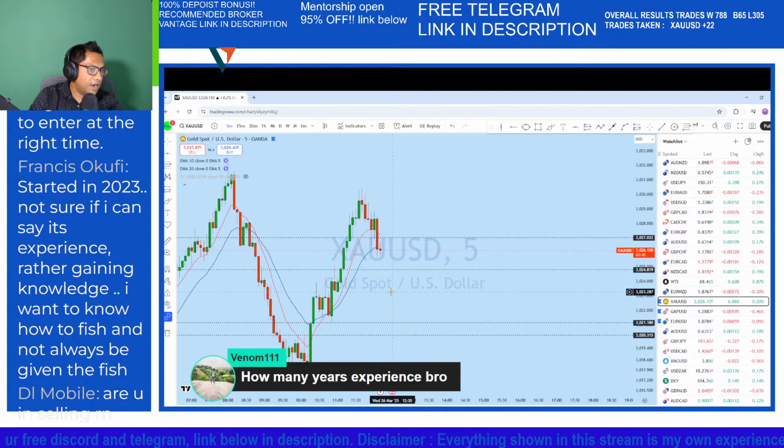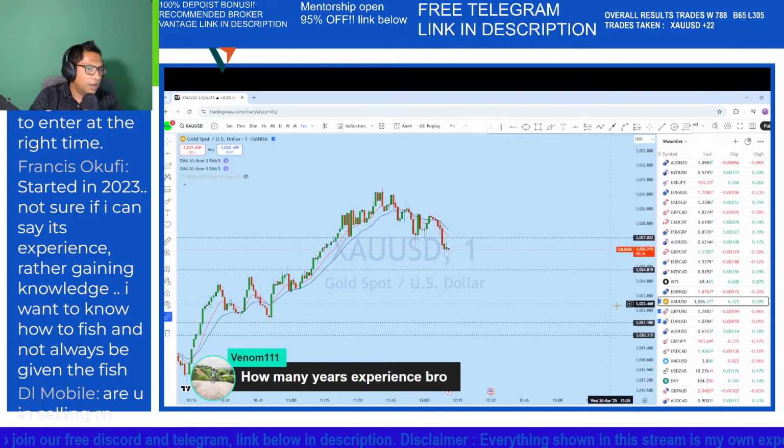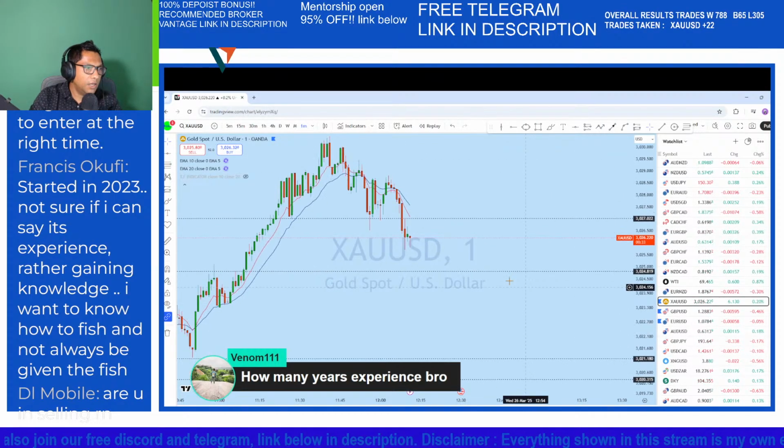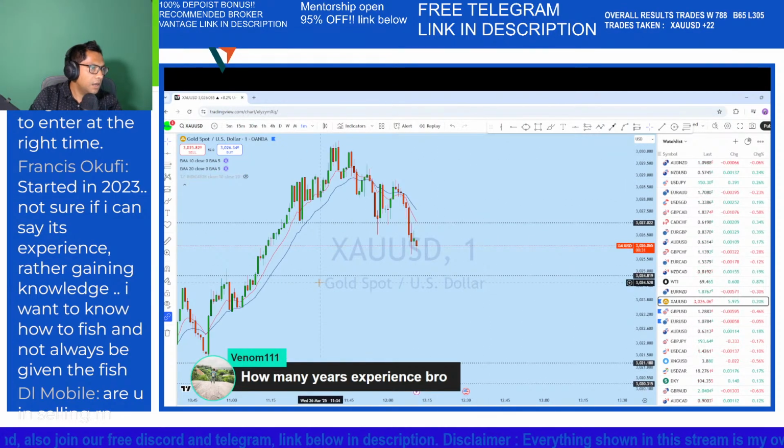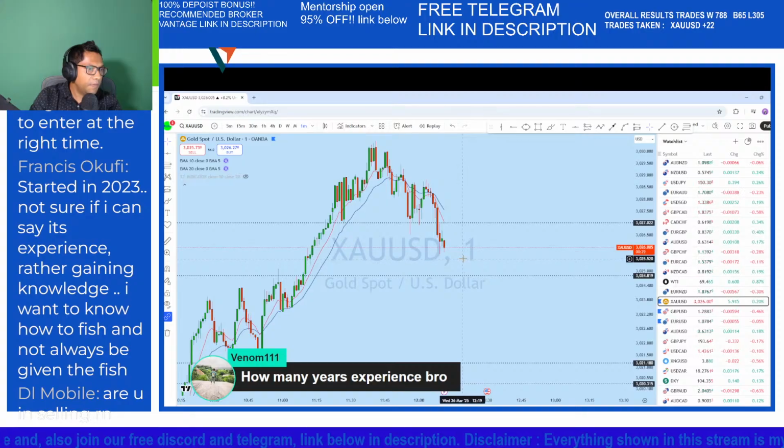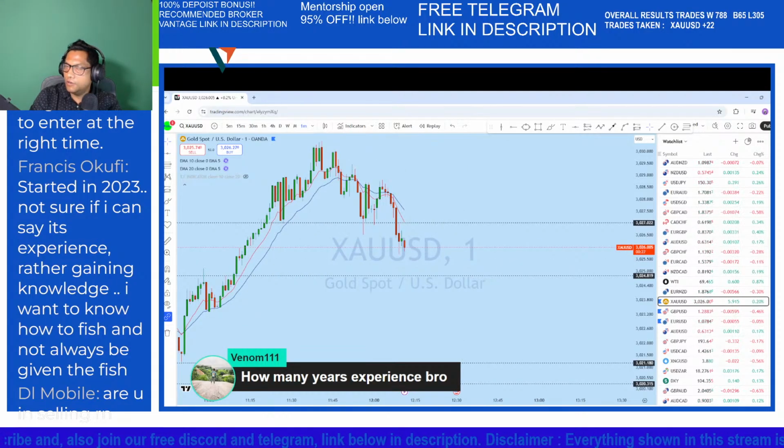We may see it coming here to the 3023 level. So let's see how we can find a potential entry in this area as it is trending.